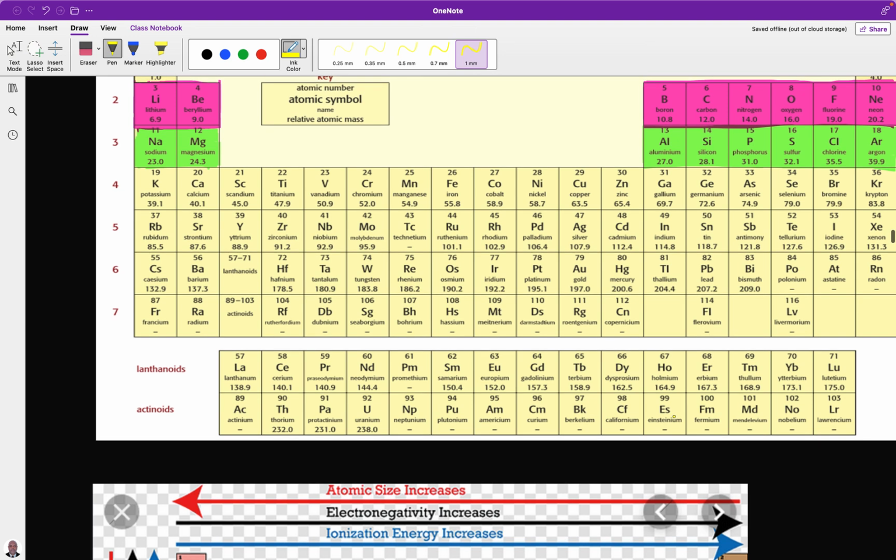And atomic radius is the distance between an atom's nucleus and the outer electron shell. Ionic radius, on the other hand, is the distance between the nucleus and the electrons in the outermost shell of an ion.